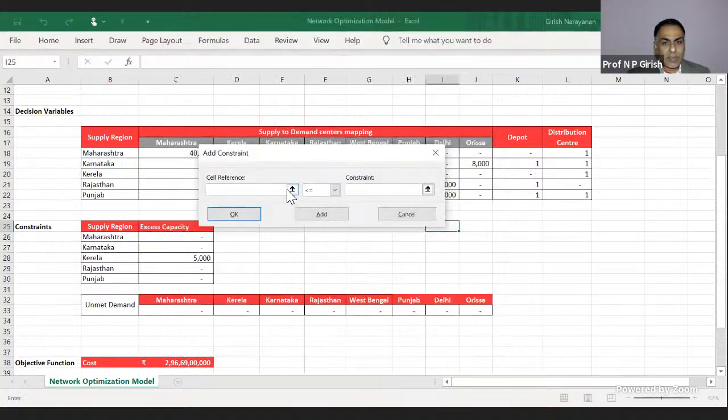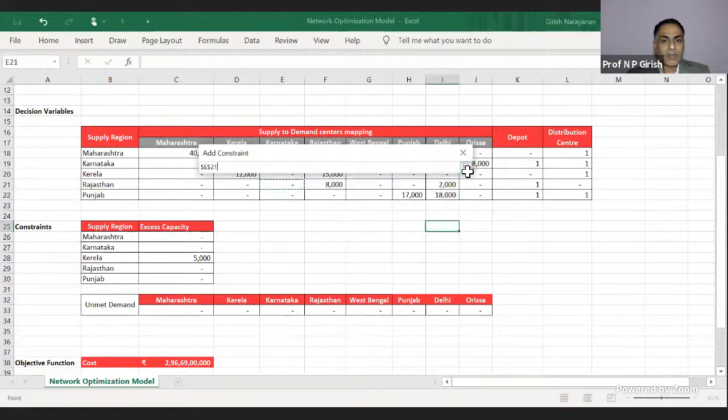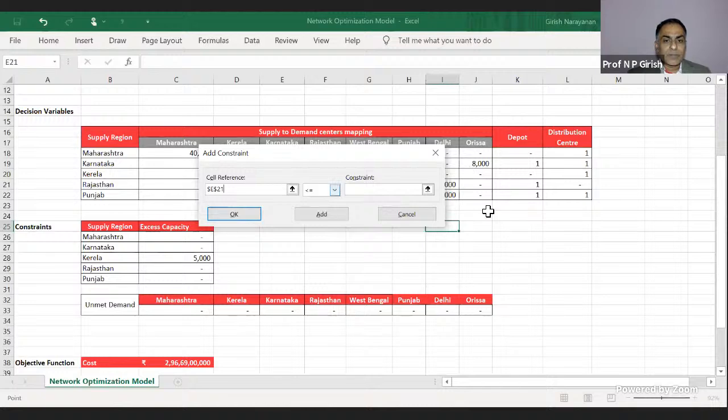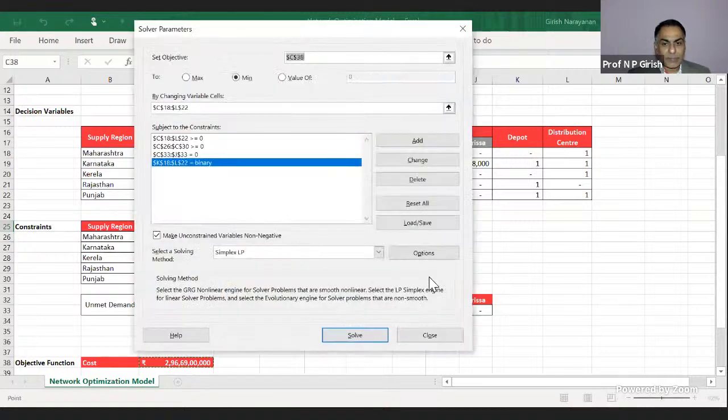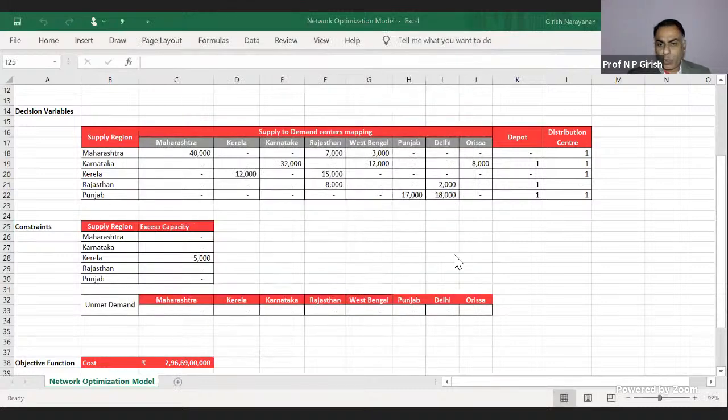Add cell reference. Bin, binary. When you do this, you should be able to get it. Okay. Good. Yep. All right.